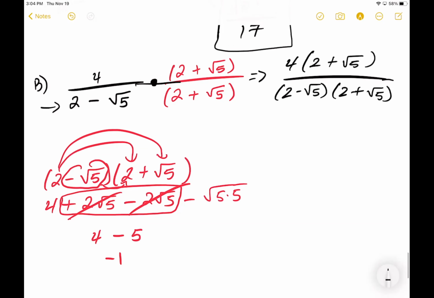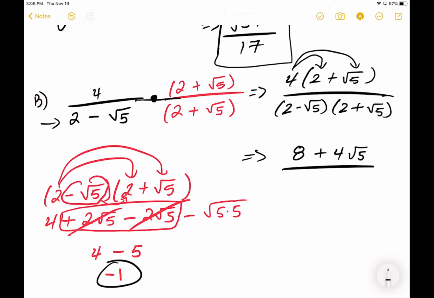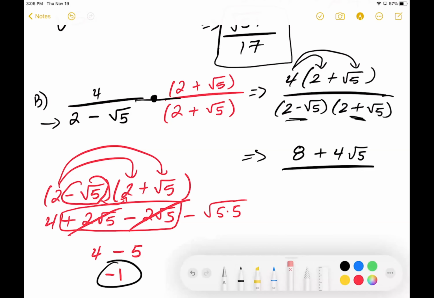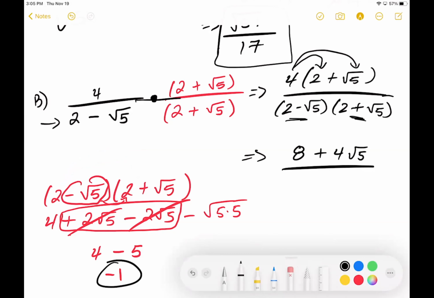And in this item, we distribute the 4 in. 4 times 2 is 8. 4 times the square root of 5 is 4 square root of 5. And the bottom, we did it right here. We multiplied them out already, and we see that this eventually equals -1.